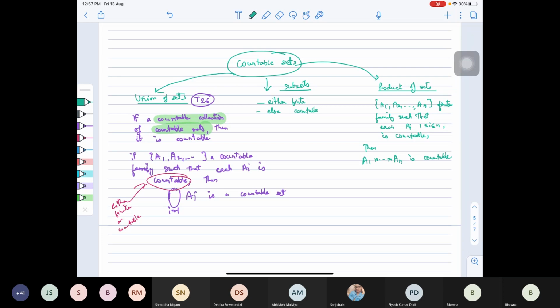Here also I can just say that if I take finite sets also and I make their Cartesian product, then the Cartesian product will be countable. Does that make sense now?